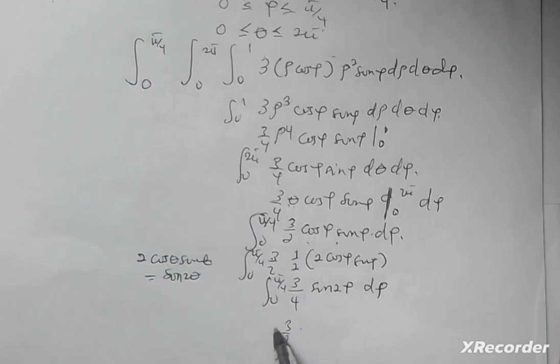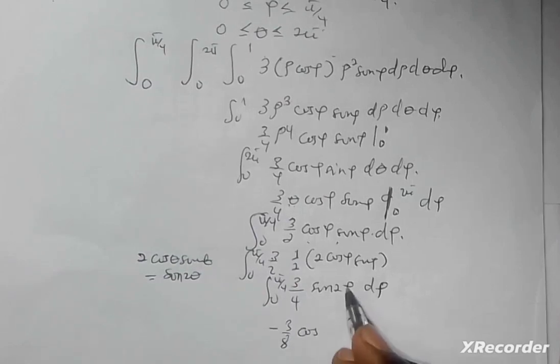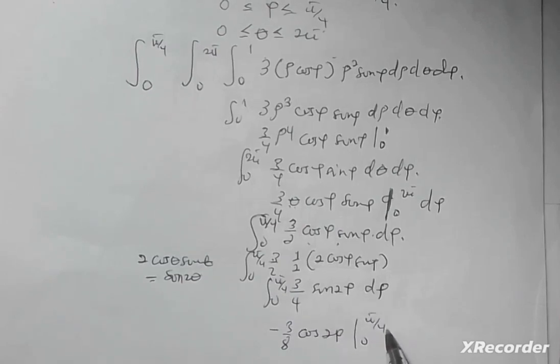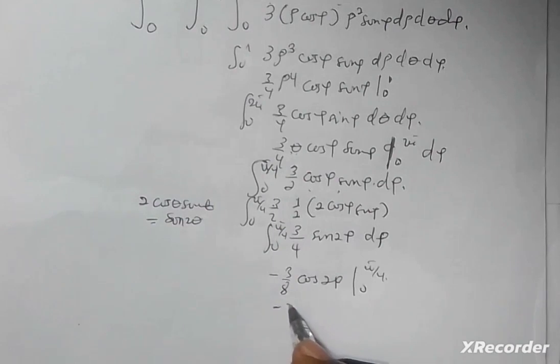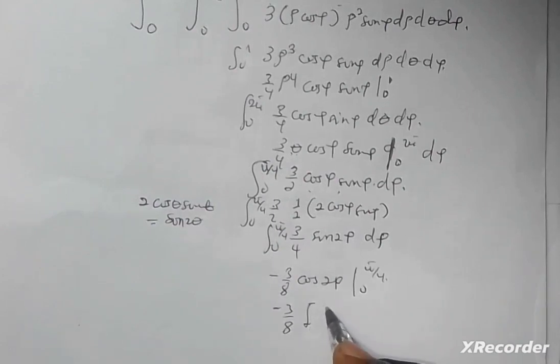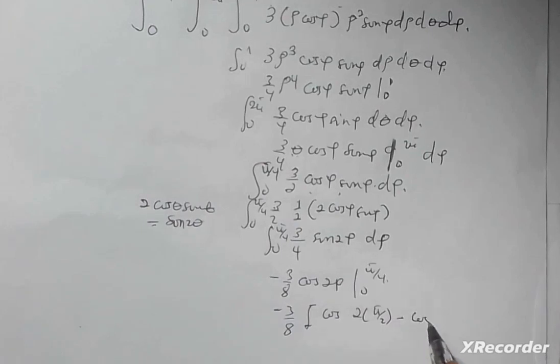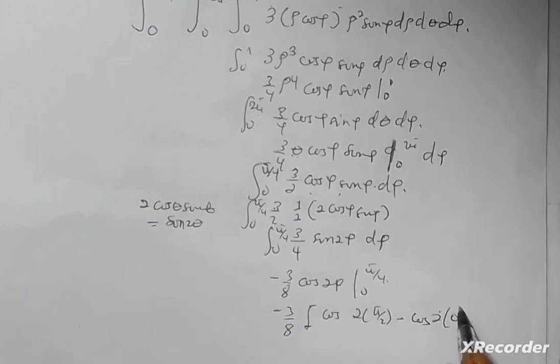that is negative cos of what? This, so sine 2 phi, yes, so negative cos 2 phi, 0 to pi on 4. What am I getting? Negative 3 on 8 out, so cos 2 open brackets pi on 4 minus cos 2 open brackets 0.